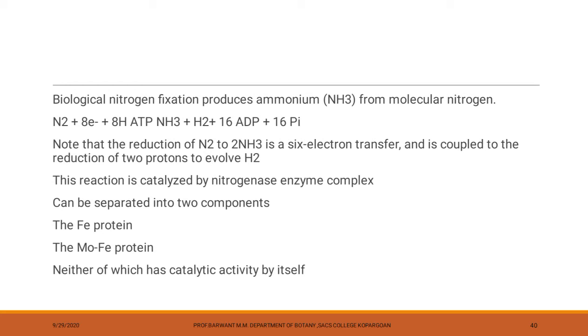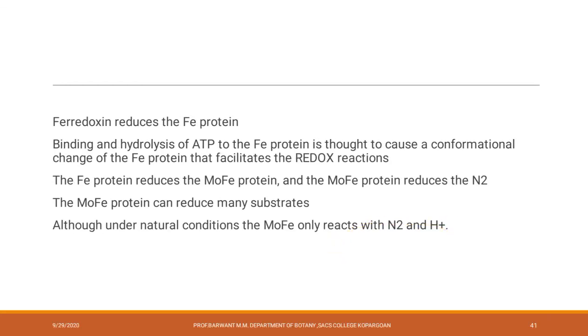It can be separated into two components, Fe protein and MoFe protein, neither of which has catalytic activity by itself. Ferredoxin reduces the Fe protein. Let's see, what is ferredoxin? How does it reduce the Fe protein?